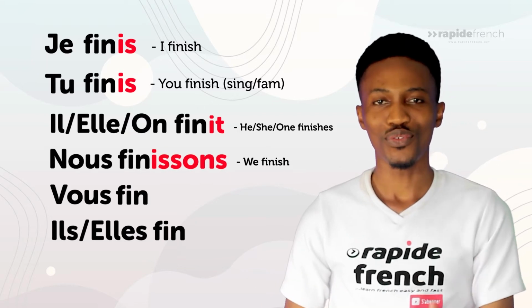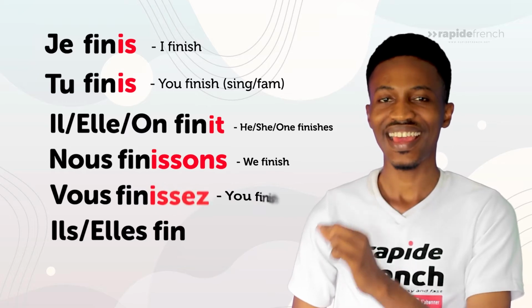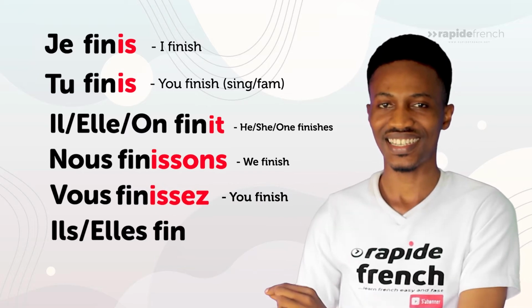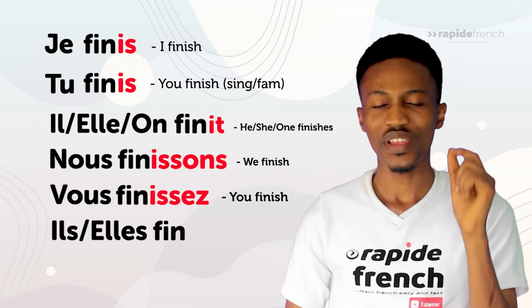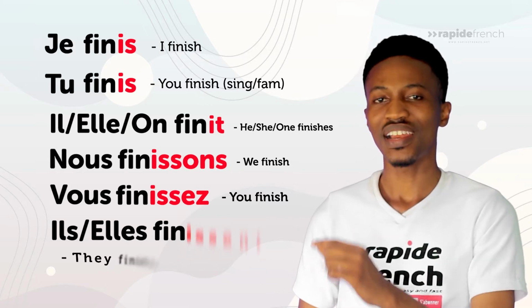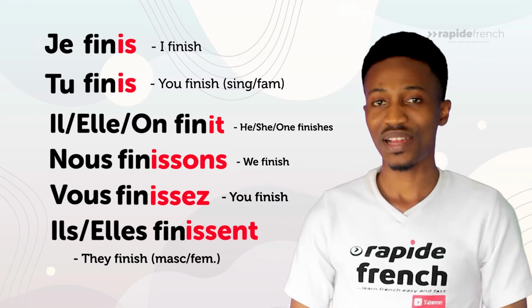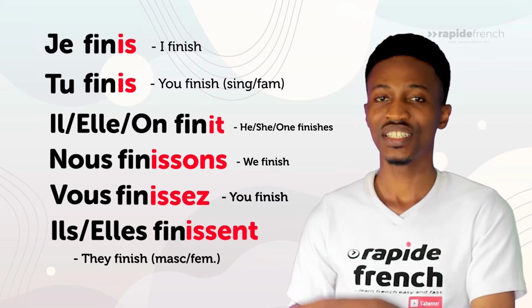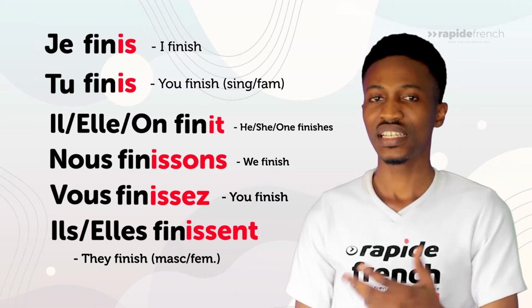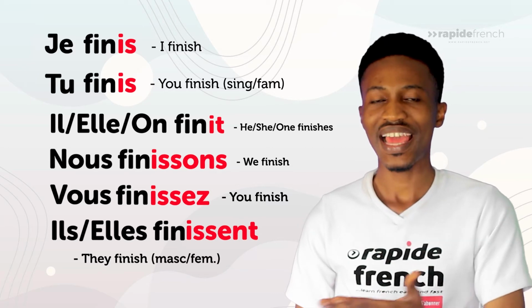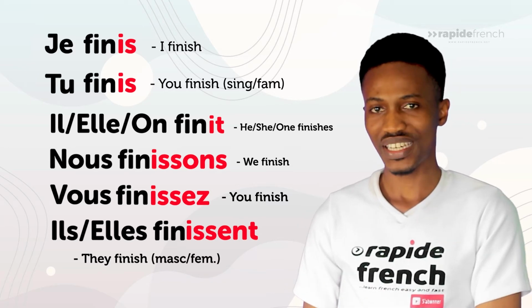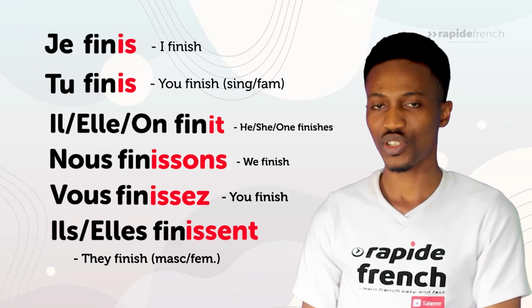For vous, you add ISSEZ. For ils or elles, plural, you add ISSENT. So in this example, we have je finis, tu finis, il finit, elle finit, on finit, nous finissons.